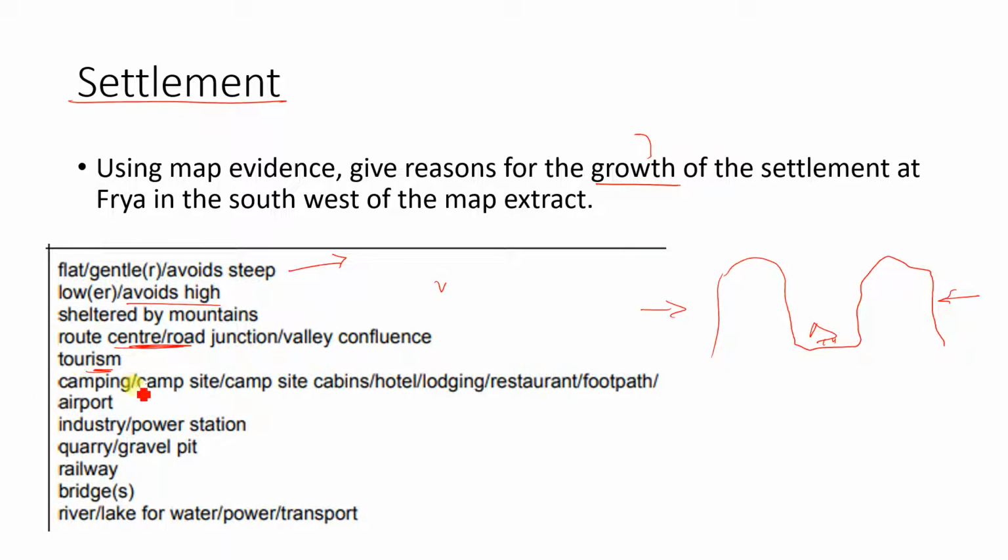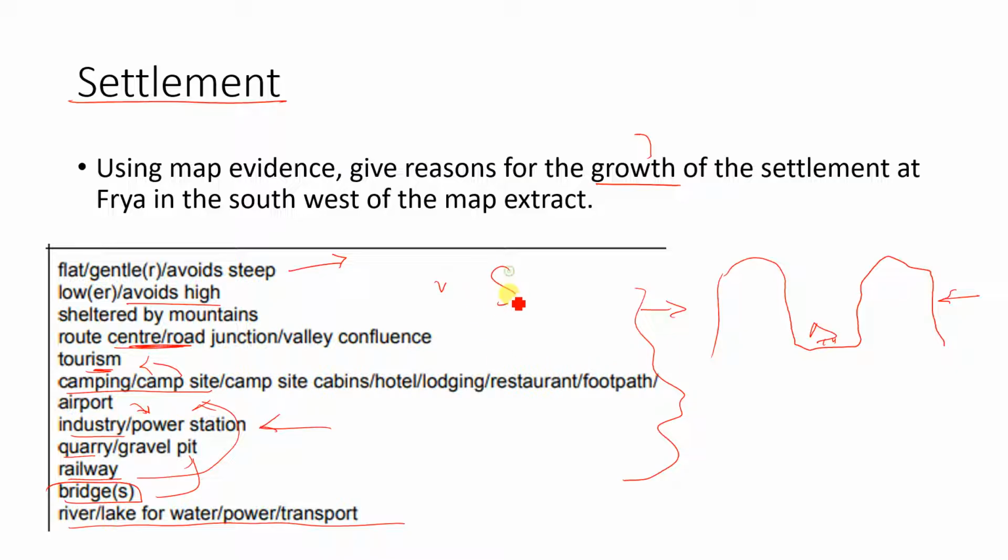Tourism also attracts people. So if there are campsites which are used for tourism, airports, that's good accessibility. Industry can attract workers. You have quarry sites, railway, good for transport also. And if there are bridges, good for transport. Lakes and rivers, also good for transport. So all these will be important for settlement growth.